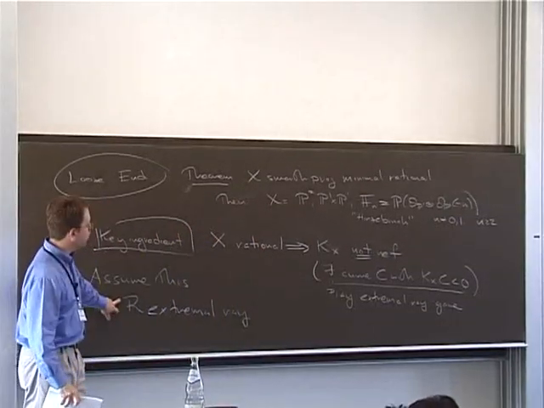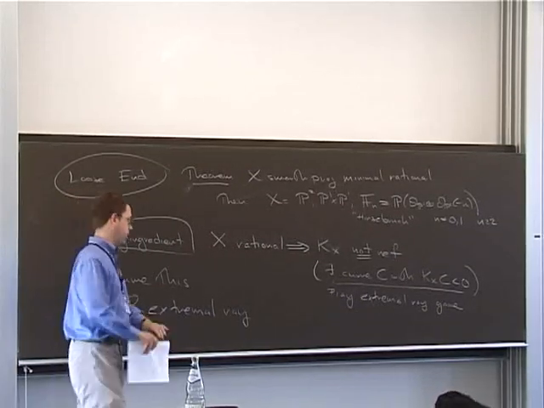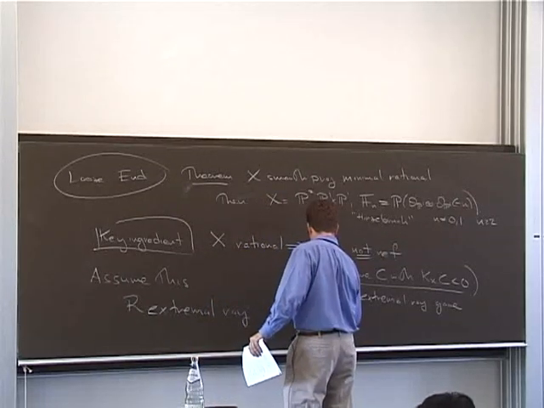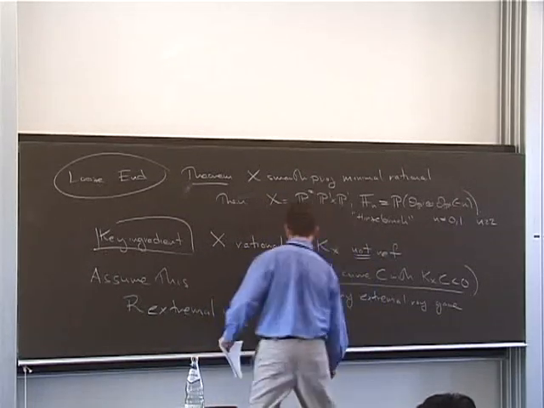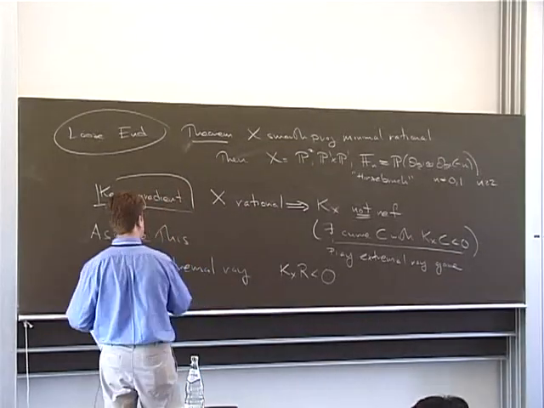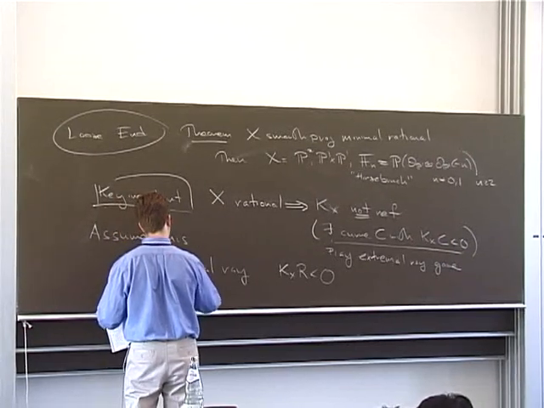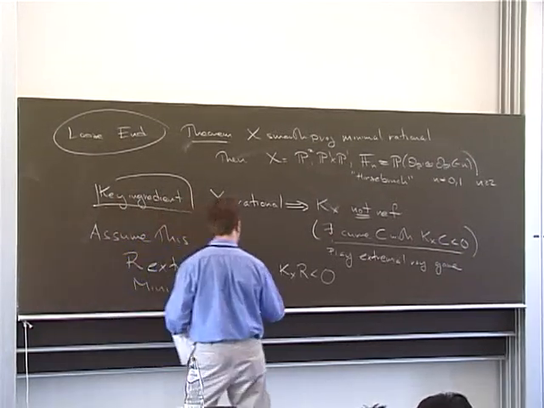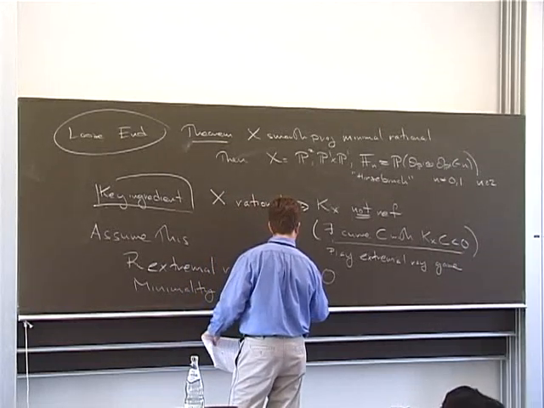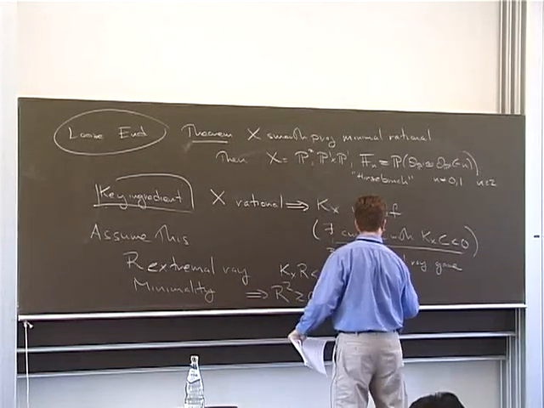So this is extremal in the sense of convex geometry with K_X·R negative. On the other hand, our minimality assumption implies that R squared has to be greater than or equal to 0 because it's not a -1 curve.